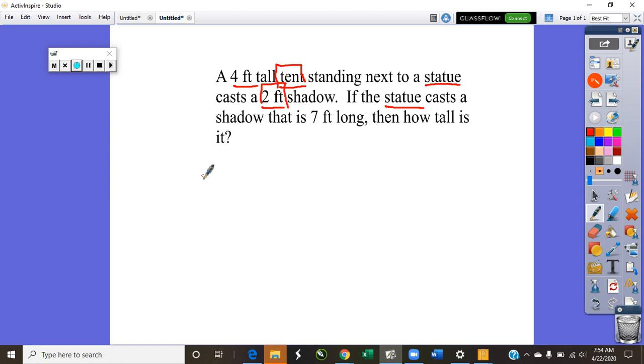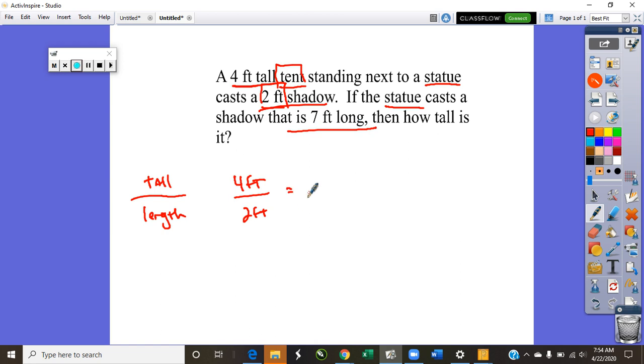So we're going to have the height over the length of the shadow. If this tent is 4 feet tall and casts a shadow that is 2 feet, then we're going to compare it to the statue, which casts a shadow that is 7 feet long.